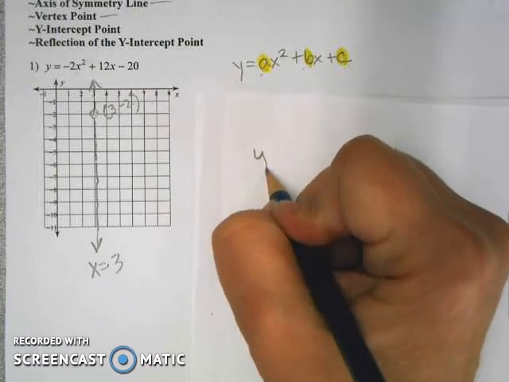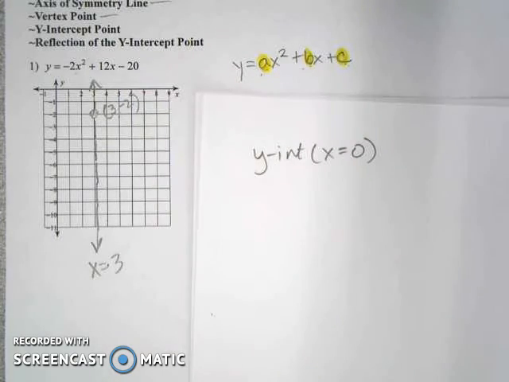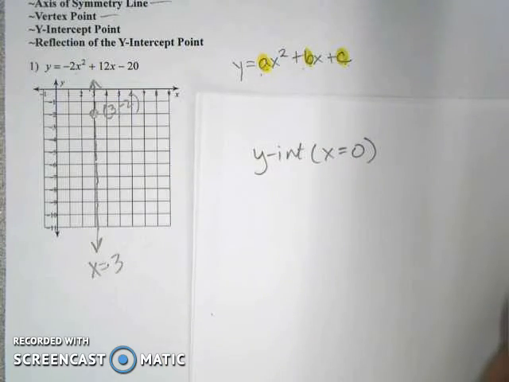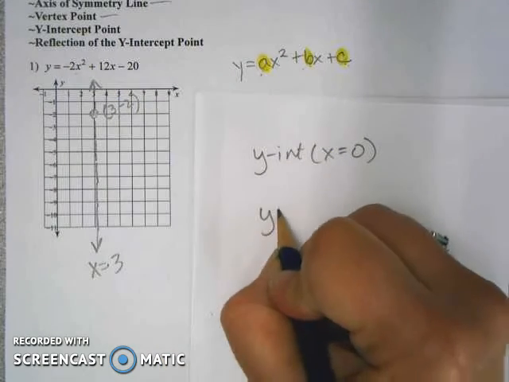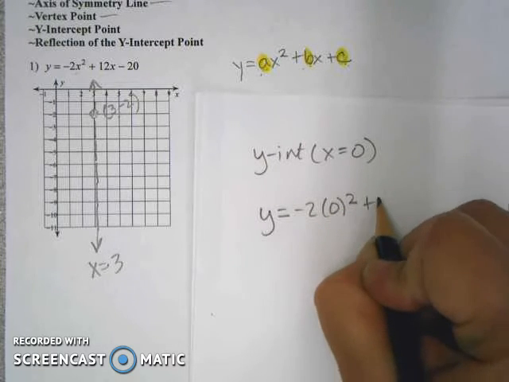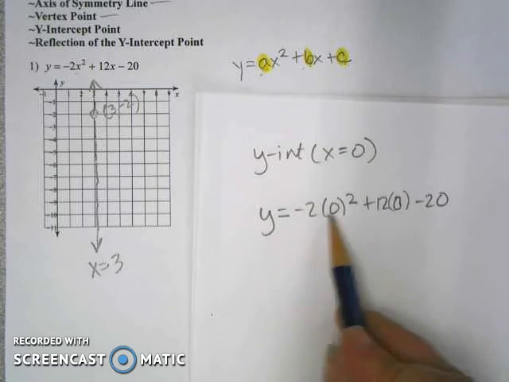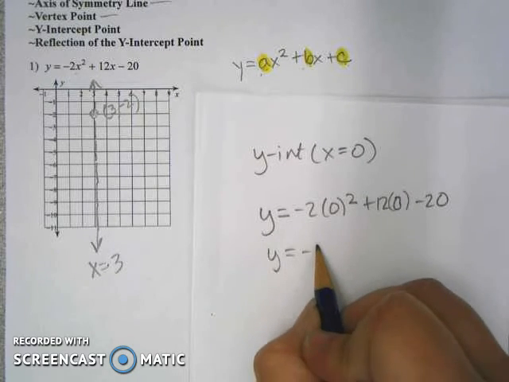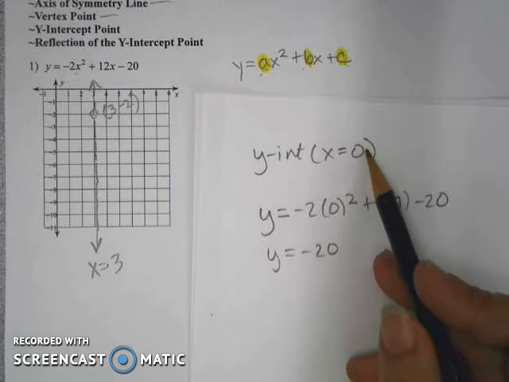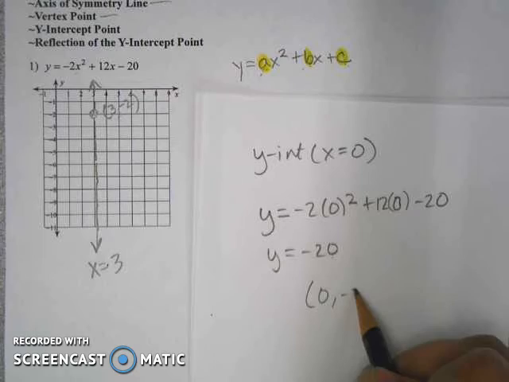So for the y-intercept, x is always going to equal 0, so all we have to do is substitute 0 in for those x's. So we've got y equals -2 times 0 squared plus 12 times 0 minus 20. And of course, really what we're saying is that the y-intercept point is where x is 0 and y is -20. All right, so that point is 0, -20.